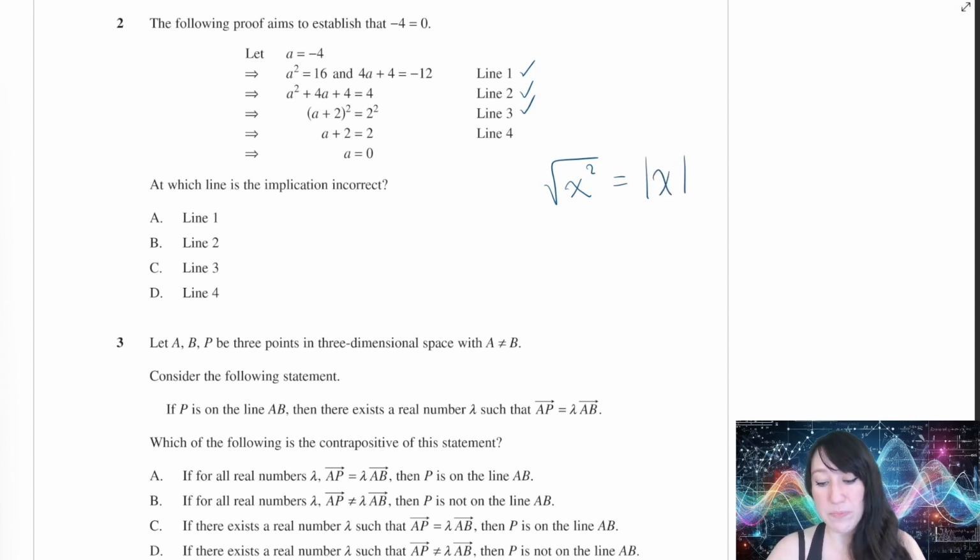So for example, if the absolute value of x is equal to 2, that would mean that x itself would equal plus or minus 2. So line 4 is where the problem comes in. The next line, of course, is the conclusion that A equals 0, but line 4 has an error in its logic. So the answer to question 2 is D.